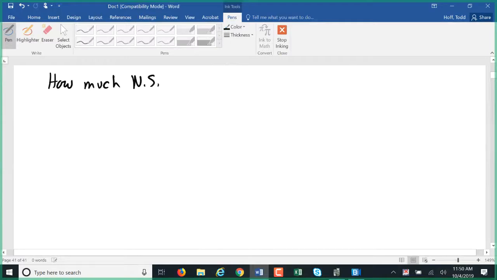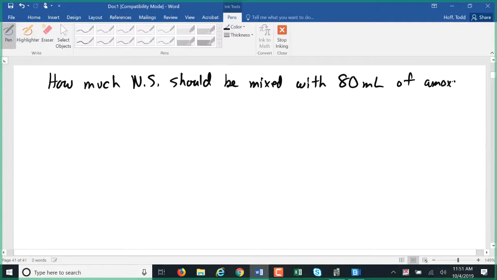We might ask, how much saline should be mixed with 80 milliliters of amoxicillin to create a 2 in 9 dilution.